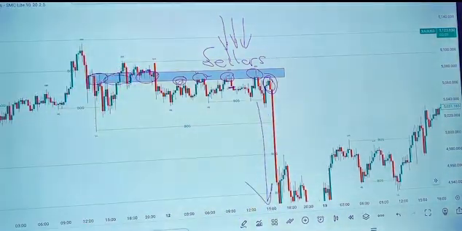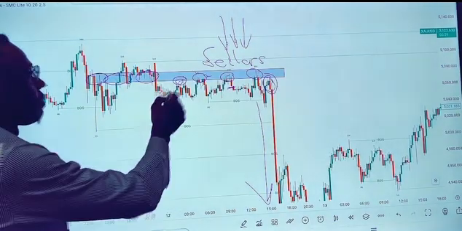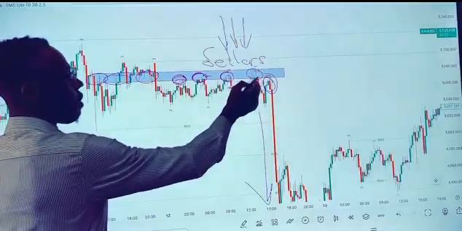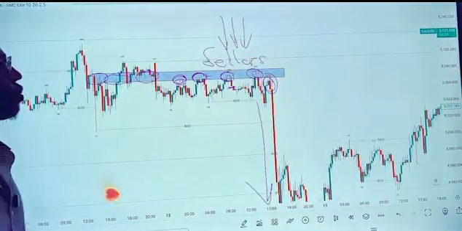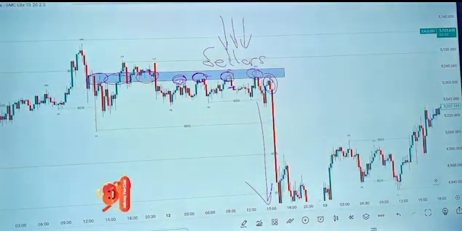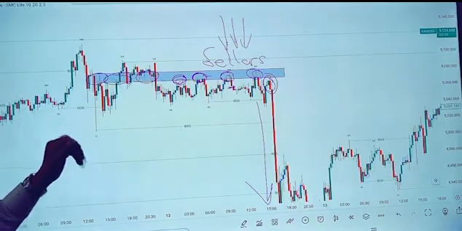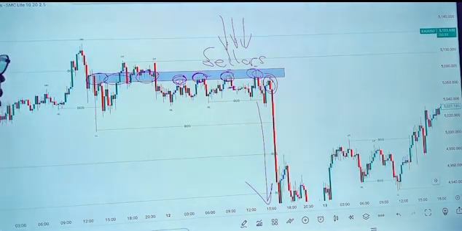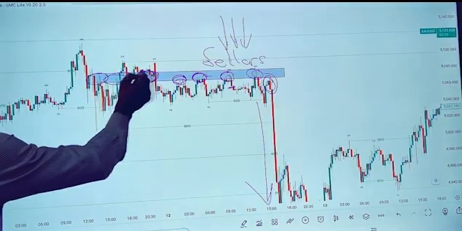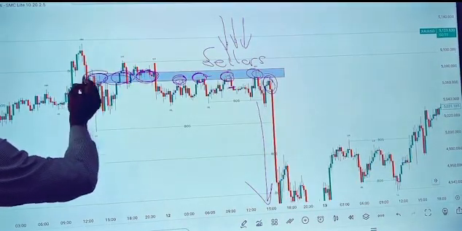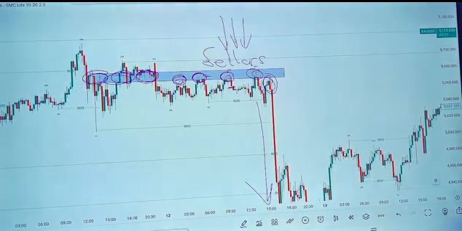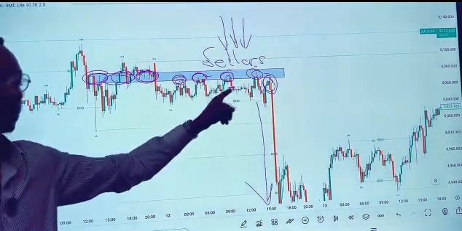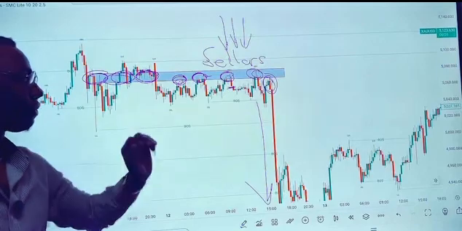Guys, after you have gotten your rejection area, the market has rejected it 1, 2, 3, 4. You also need to check the extreme left side to see if there was rejection around that zone. If there's rejection, it's going to support your key area and give you a very good confirmation.